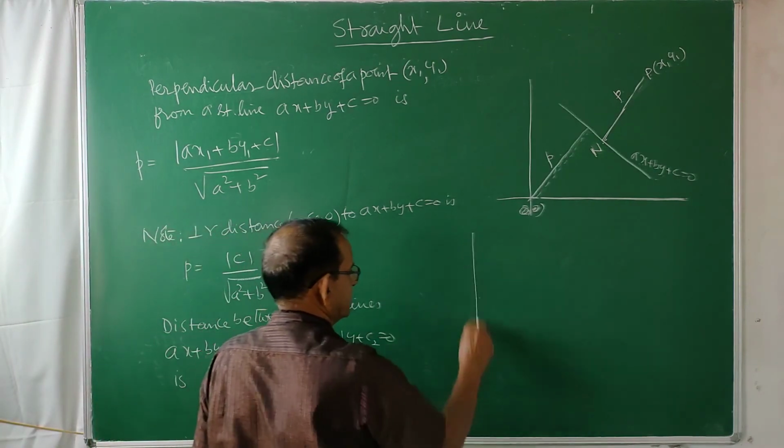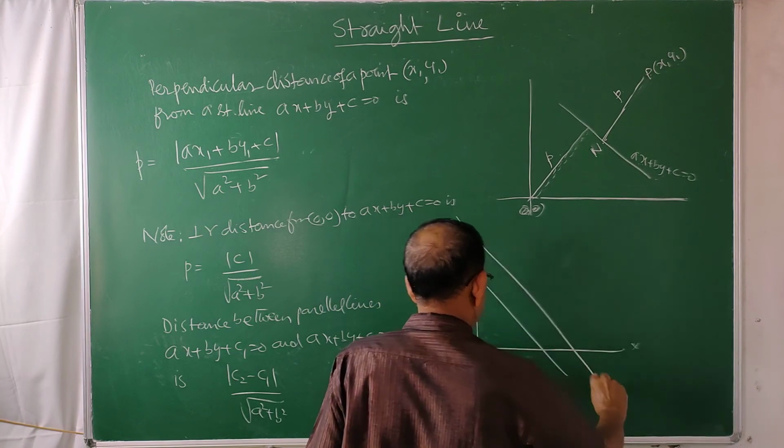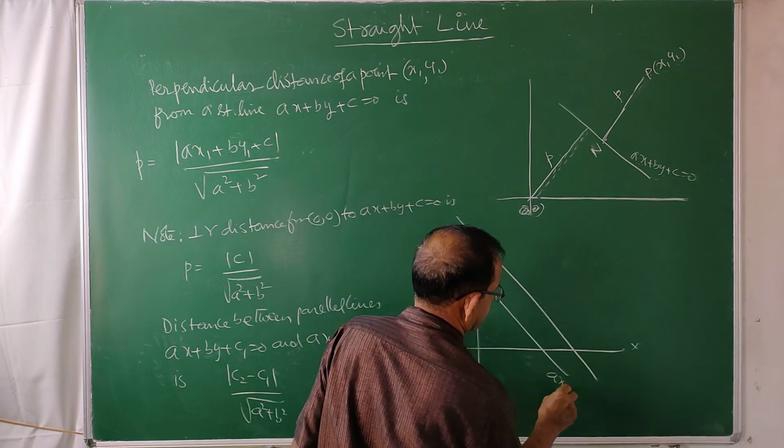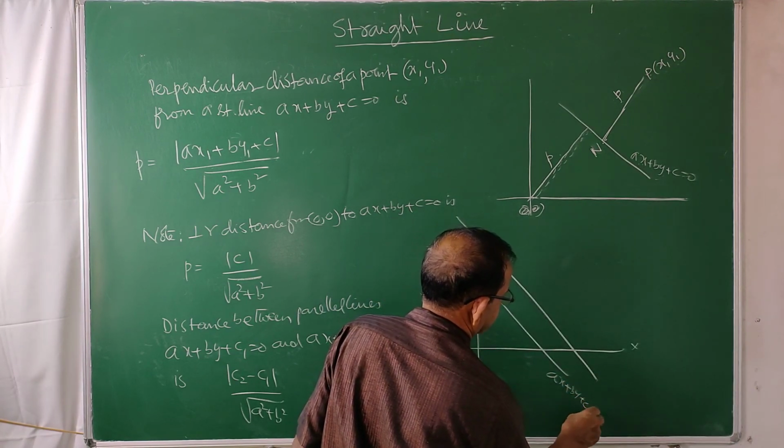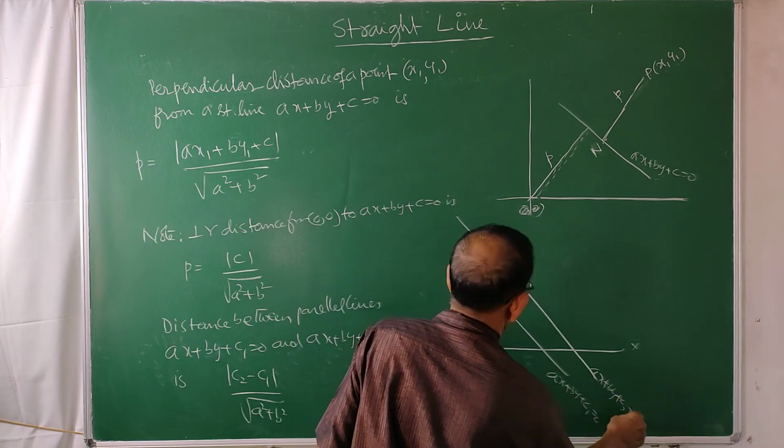Suppose two lines are parallel, this is one line and this is another line. This is ax plus by plus c1 is equal to 0. This is ax plus by plus c2 is equal to 0.